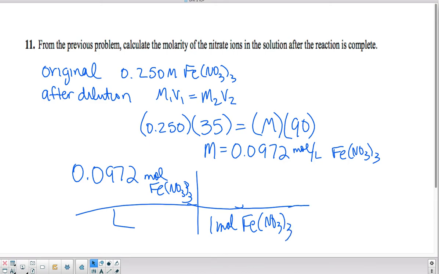How many? 3 moles of just the nitrate. Does that make sense, all of this, from beginning to end? It's important. Again, this is how we take what you learn in Chem 1 and twist it up a notch, make things a little more thought-provoking. So I got 0.292.